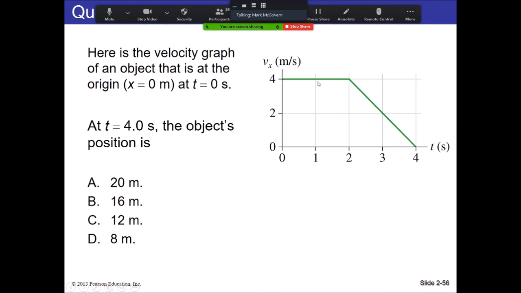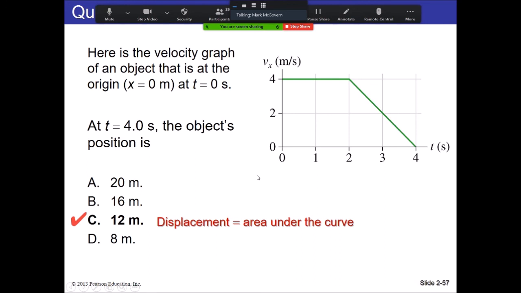Now, these are the kind of velocity graphs we work with. Nothing too crazy, either constant speed or a gradual speeding up or slowing down. And I actually have the coordinate system drawn here with grids so you can more easily work out areas. But you want to try to work out what the area under here is. So what do you think the letter, what does that correspond to? A lot of C's. I like it.